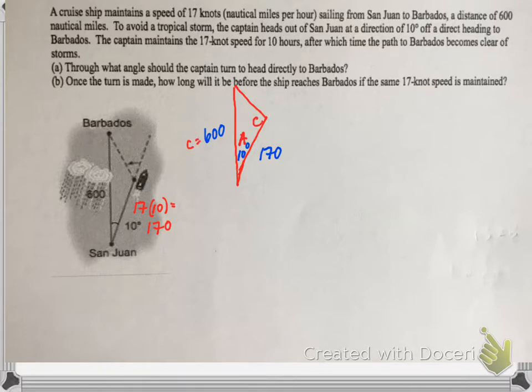And then side B is going to be 170. Okay, I need to find side C, but I can't do that right now because I don't have side A. So I'm actually going to have to look for side A first.